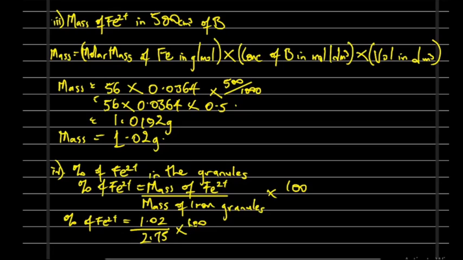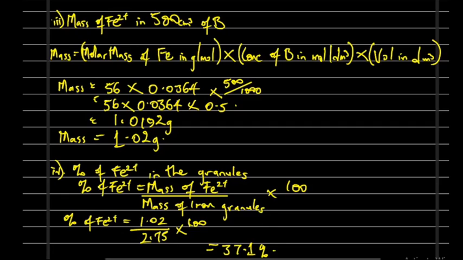When we carry out all of this calculation, we will discover that our answer is going to be 37.1%. That is going to be our final answer. So that is about that particular question. So that is how we answer all of the questions that we have for question 1.